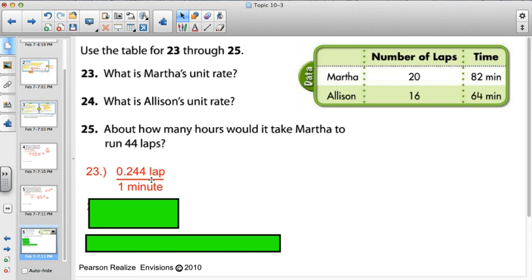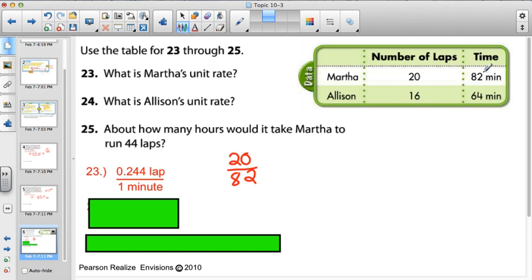And the way you get that is you simply set up a proportion. Here's one way that you could do it. You could take the 20 laps she does in 82 minutes. And we want to find out how far she can travel in just 1 minute, because we want a unit rate.